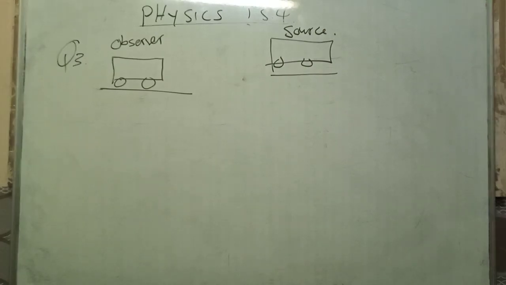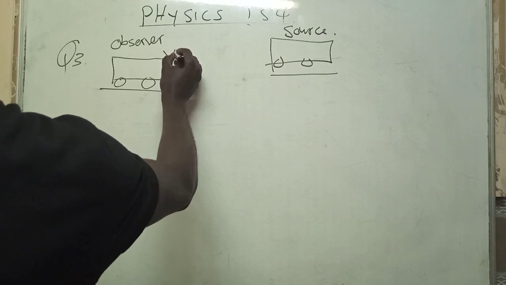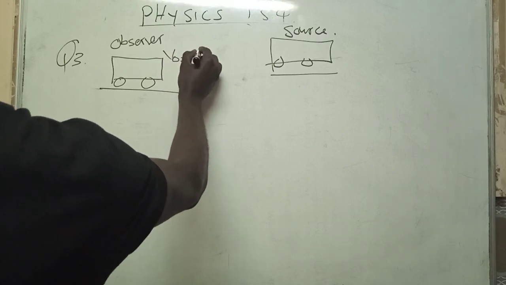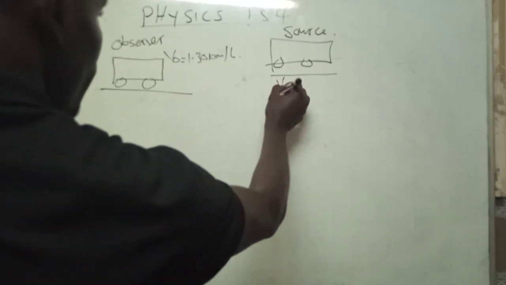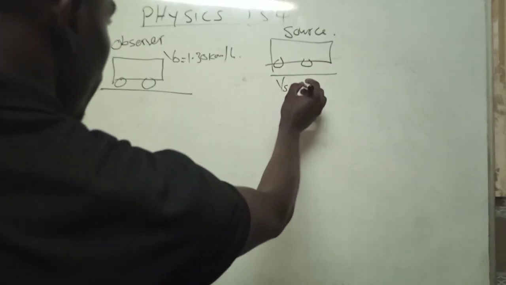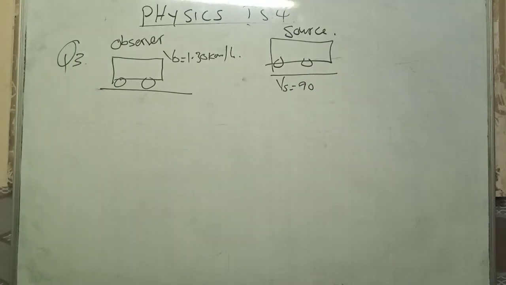From the question, train 1 has a speed of 1.3 times 10 to the power 2, and this one we call the observer. Meaning our V for observer is 130 kilometers per hour, and then our V for source is 90.